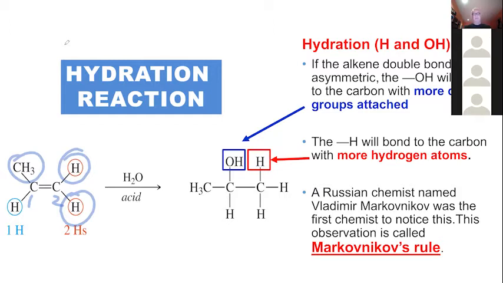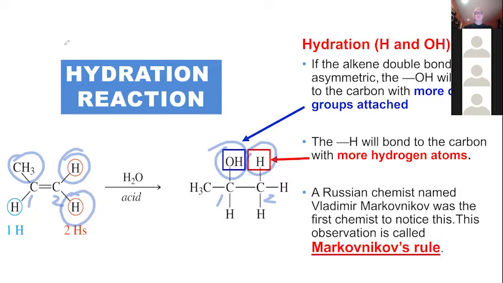So we throw our acid into the reaction, that breaks, and the hydroxyl group goes to carbon 1 and the hydrogen goes to carbon 2. And it's not sometimes, or 50% of the time, it's all the time.